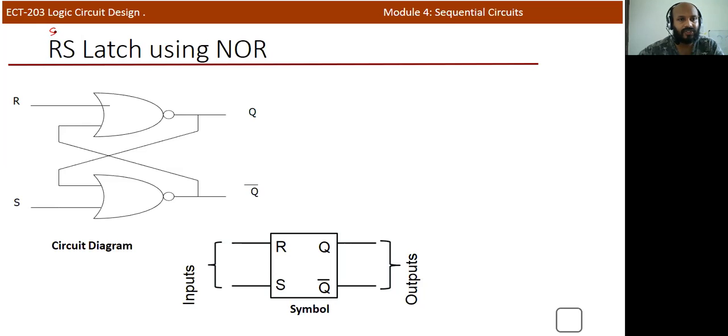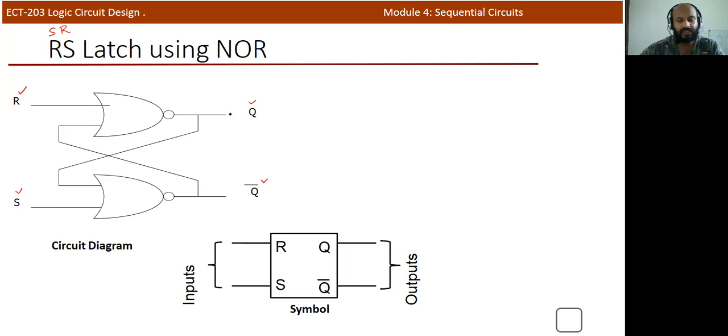Now we can discuss how to implement the SR latch, or RS latch, by using NOR gates. We already discussed the truth table and all. Here you can see that this is the Q output and R input. R is indicated here, and the corresponding output is indicated as Q. When there is S, the corresponding output is indicated as Q bar.